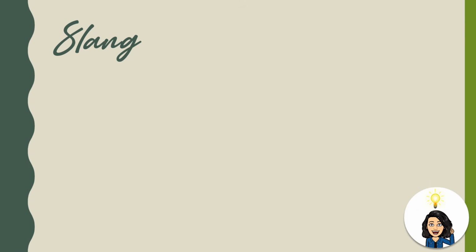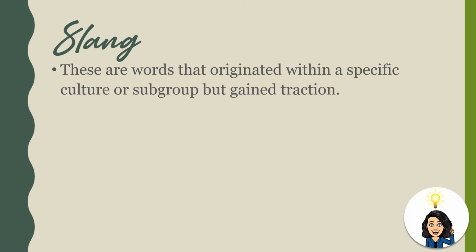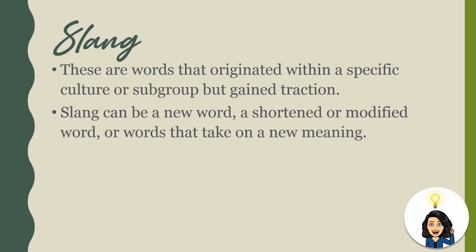The next type of diction is slang. These are words that originated within a specific culture or subgroup but gain traction. Slang can be a new word, a shortened or modified word, or words that take on a new meaning.